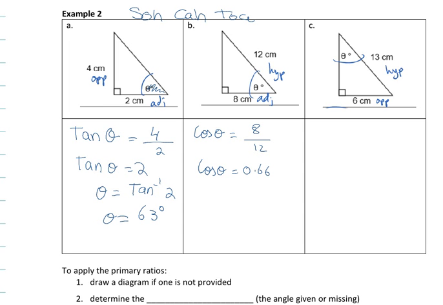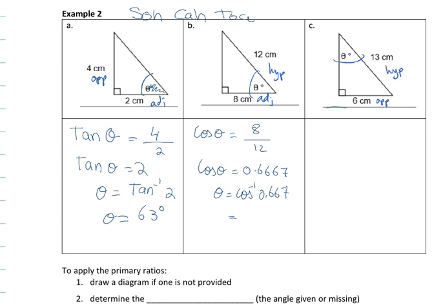Okay? So when you find a fraction like this, you have to find it to 4 decimal places at least. Now what do I do to find angle theta? Shift. So it's called cos inverse. Why is it 7 instead of 0.6?